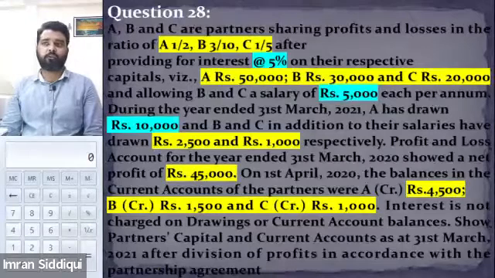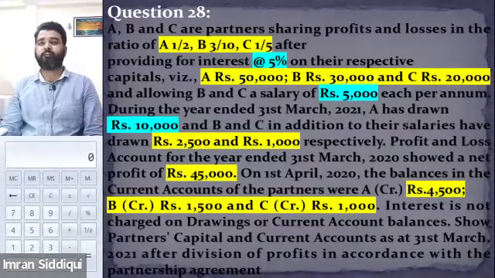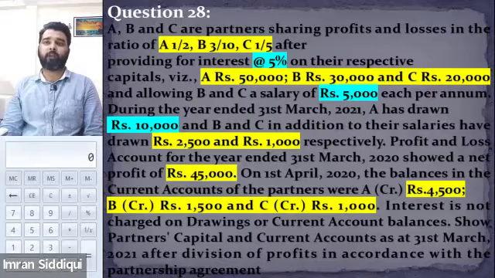Okay. See, Alexander, whenever drawing is out of capital, it will always be mentioned in the question. If it is mentioned in the question that drawings have been made out of capital, then such drawings will be recorded under the capital account of the partner.